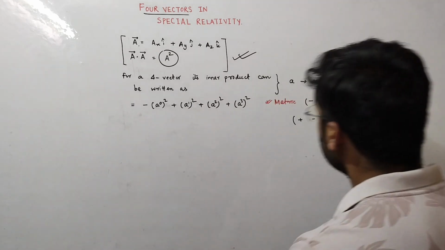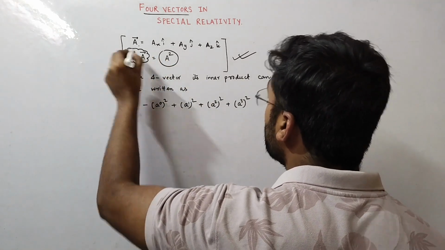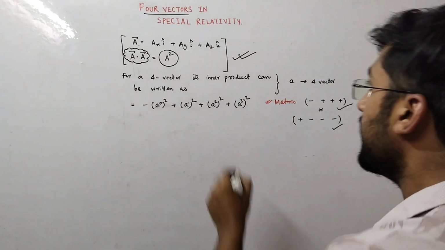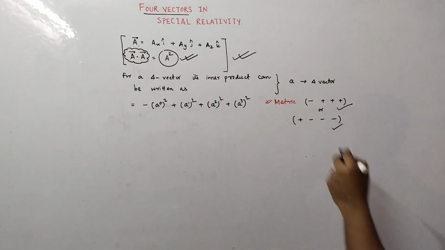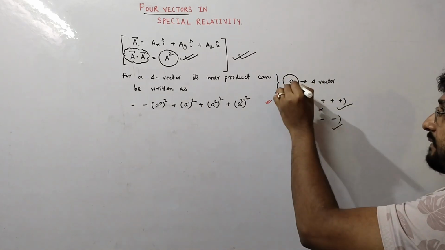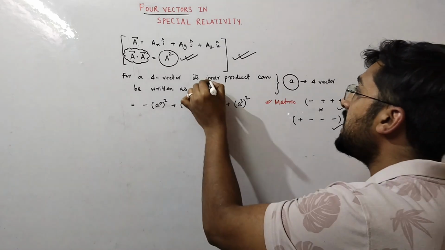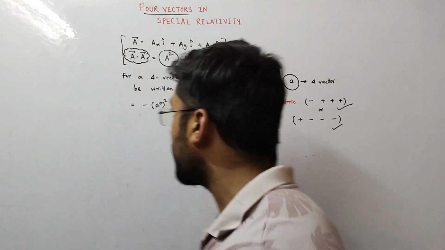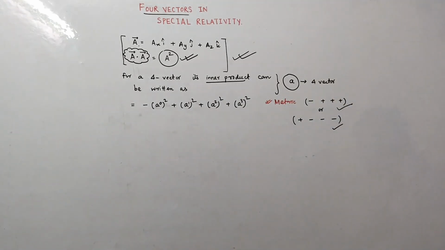So I have just said that this is basically the self dot product of 2 vectors defined in the Euclidean space, and that is giving you some constant value. In a similar manner, if capital A or this small a is a 4 vector, I have taken its inner product, which can be thought of as a dot product, and that will also give you something that looks like this.